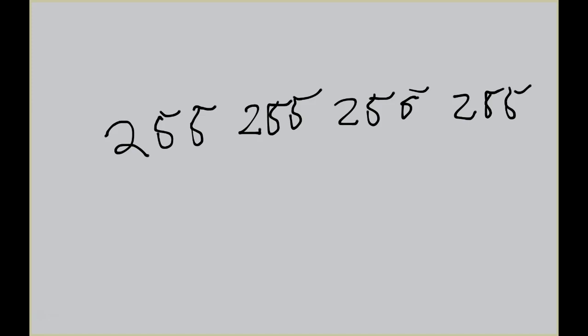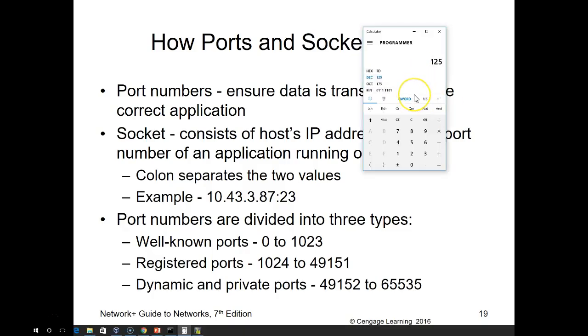So we know that there's 0 to 255. Let's take your calculator again. Take 256 to the 4th power, or multiply it 4 times. And what do you get? So I take 256 times 256 times 256.